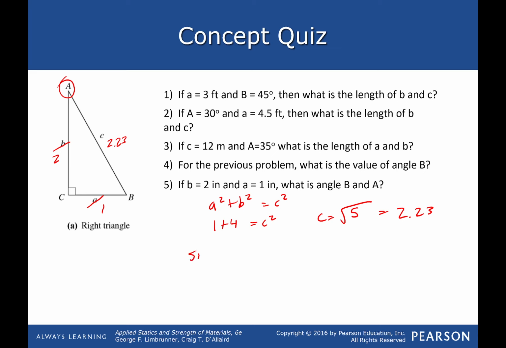So sine is equal to opposite over hypotenuse. Well, for this angle A, this is opposite, that's hypotenuse. So sine of A is equal to 1 over 2.23.